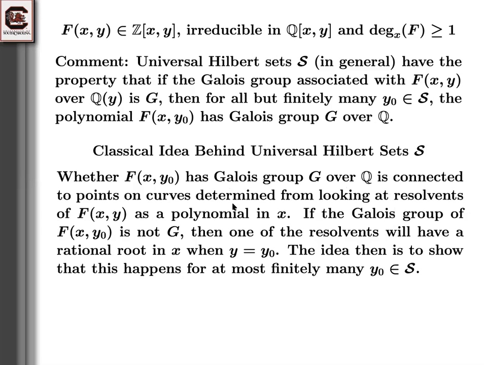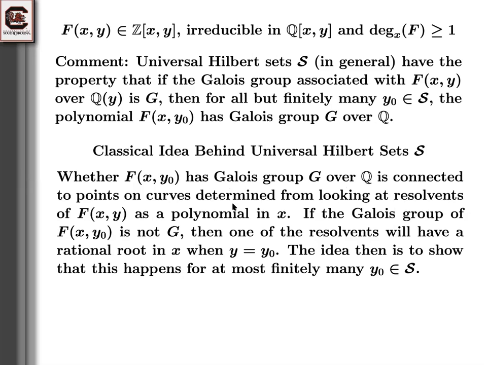And in order for that to have Galois group G, you're going to need the resolvents to have the property that for the choice of y, you have y naught, there's a rational value of x that makes that 0.